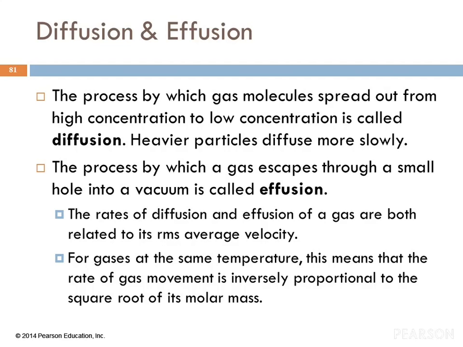Because that root mean square velocity equation was 3RT over the molar mass. Well, 3 and R are always the same. At the same temperature, then, a higher molar mass will mean a slower movement. So diffusion and effusion will be slower for heavier gases.